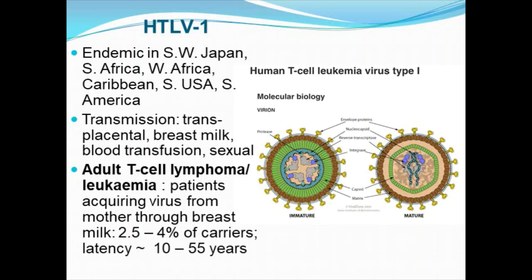It is associated with adult T-cell lymphoma or leukemia. Of patients acquiring the virus from the mother through breast milk, 2.5 to 4% become carriers, and there is a latency thereafter of around 10 to 55 years, and then they manifest this adult T-cell lymphoma leukemia.